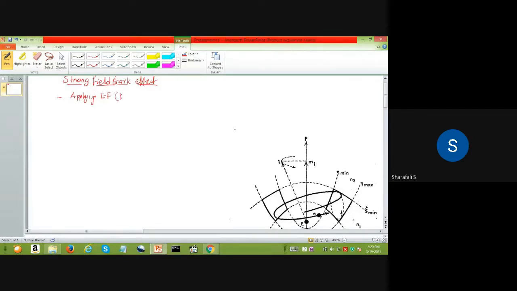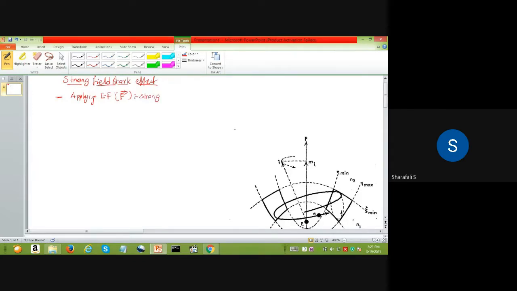Let us denote that electric field as F, or you can use any symbol. We are applying an electric field, and this electric field is strong.